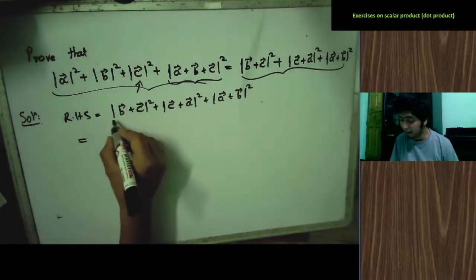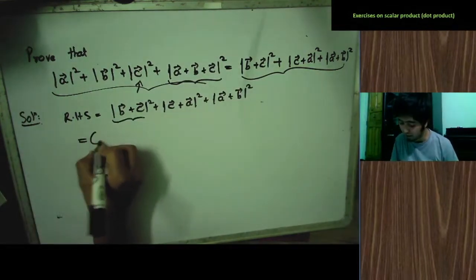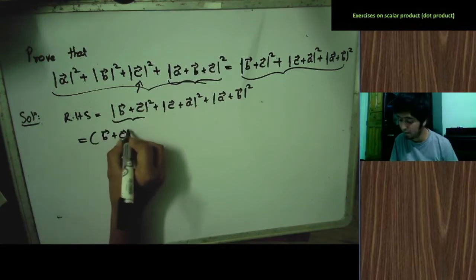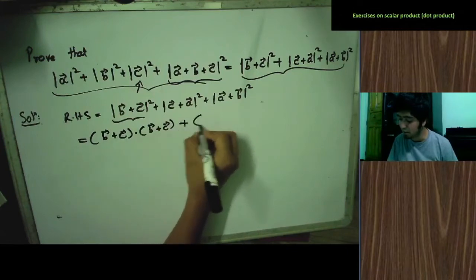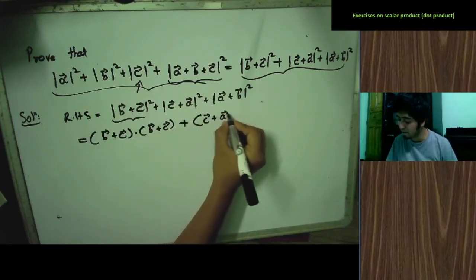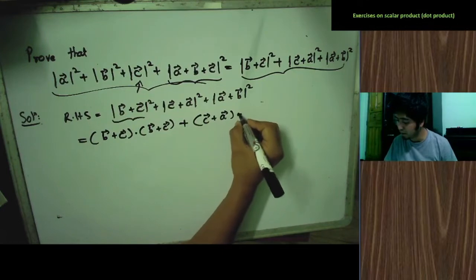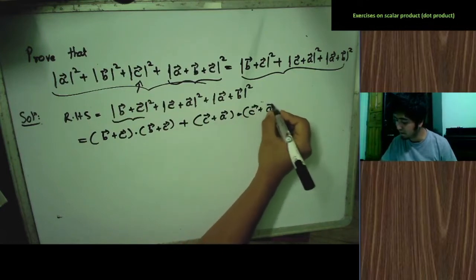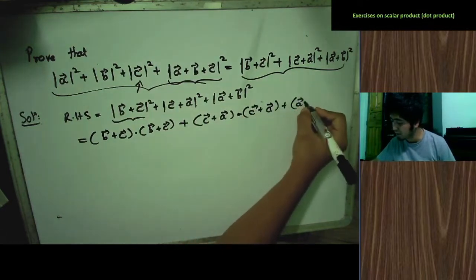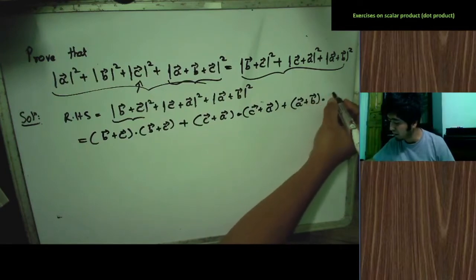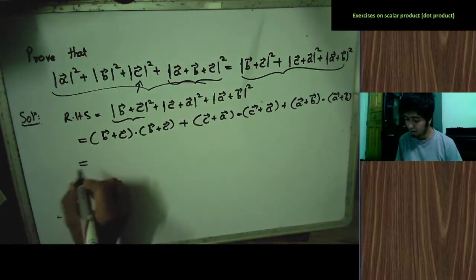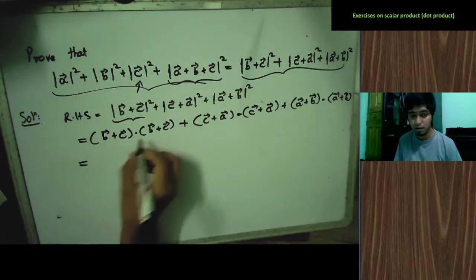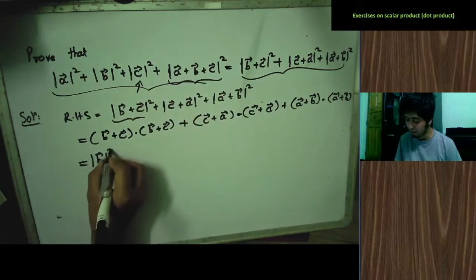So this one we can use that formula, turn it into a dot product, b plus c dot b plus c. Similarly, this one we can turn it into a dot product, c plus a dot c plus a, and a plus b dot a plus b. So this is what we will be having. So now just expand it. b dot b will give you b square.